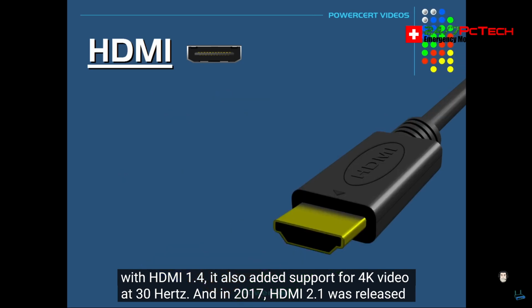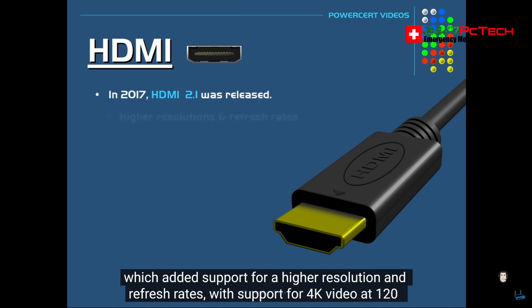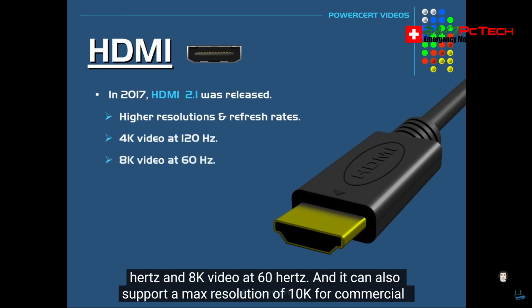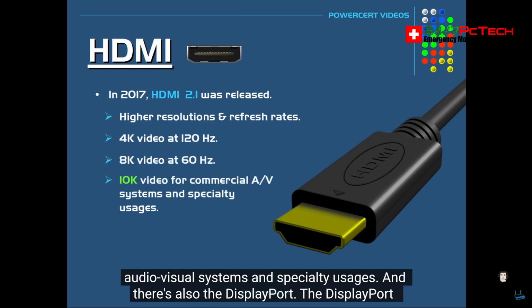And in 2017, HDMI 2.1 was released, which added support for higher resolution and refresh rates, with support for 4K video at 120 Hz and 8K video at 60 Hz. It can also support a max resolution of 10K for commercial audiovisual systems and specialty usages.